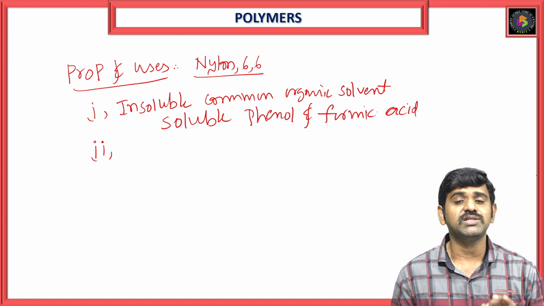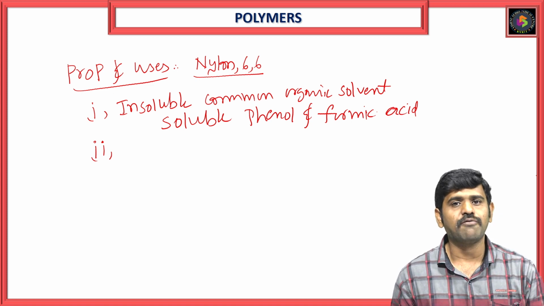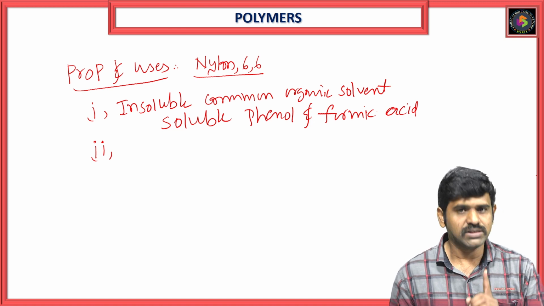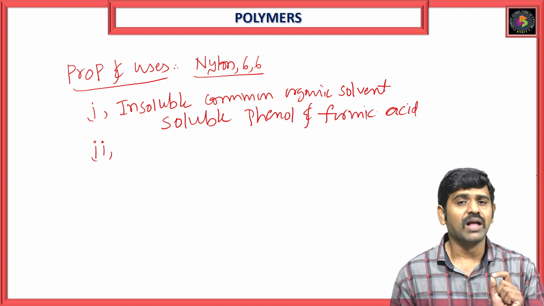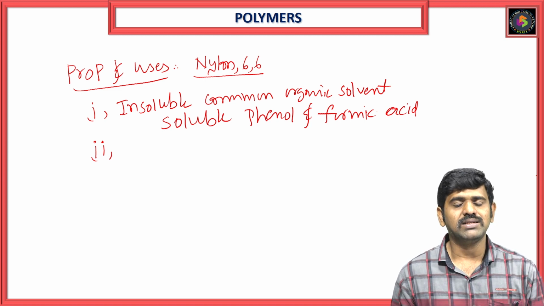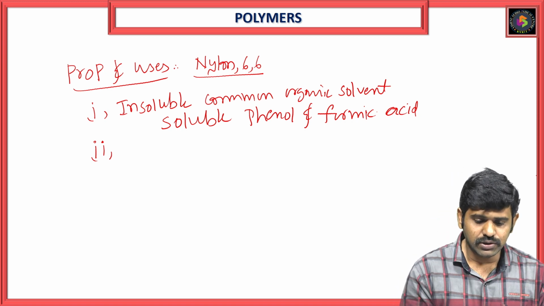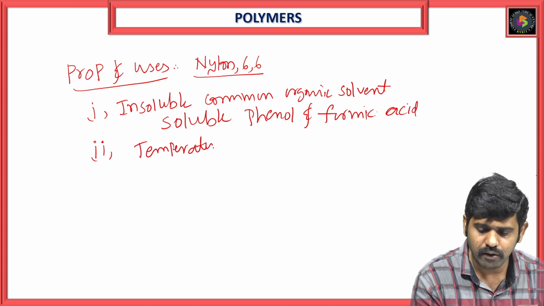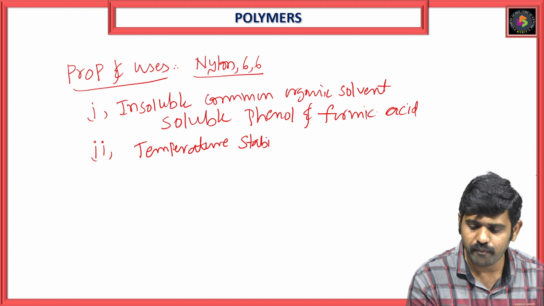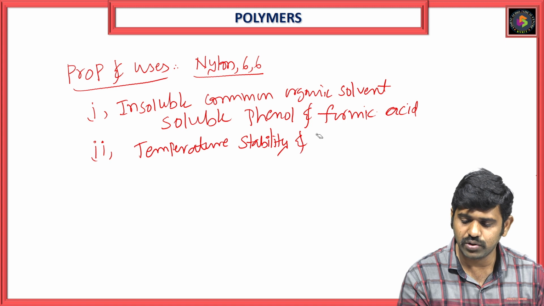This high melting point is mainly due to hydrogen bonding between the hydrogen atom of the amide and the oxygen of the C double bond O group, right?